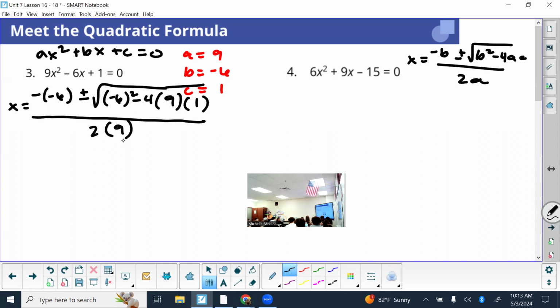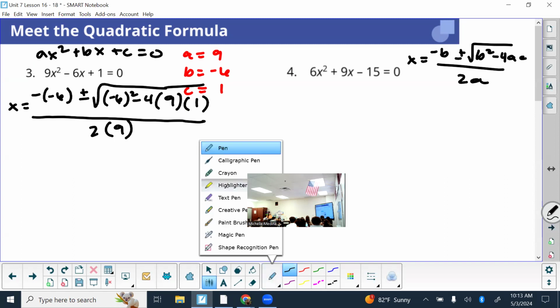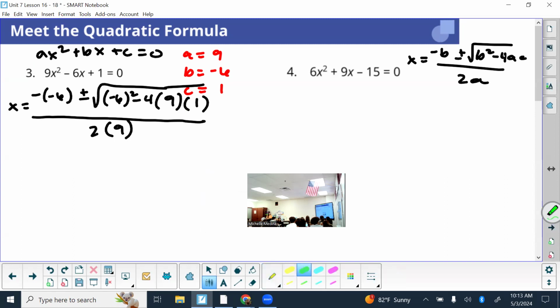Not my A, B, or C. Okay, good, it's just in the formula. Right here and here, there's a couple numbers in there. The rest of it depends on what your quadratic is for A, B, C. All right, but anyway, start simplifying.